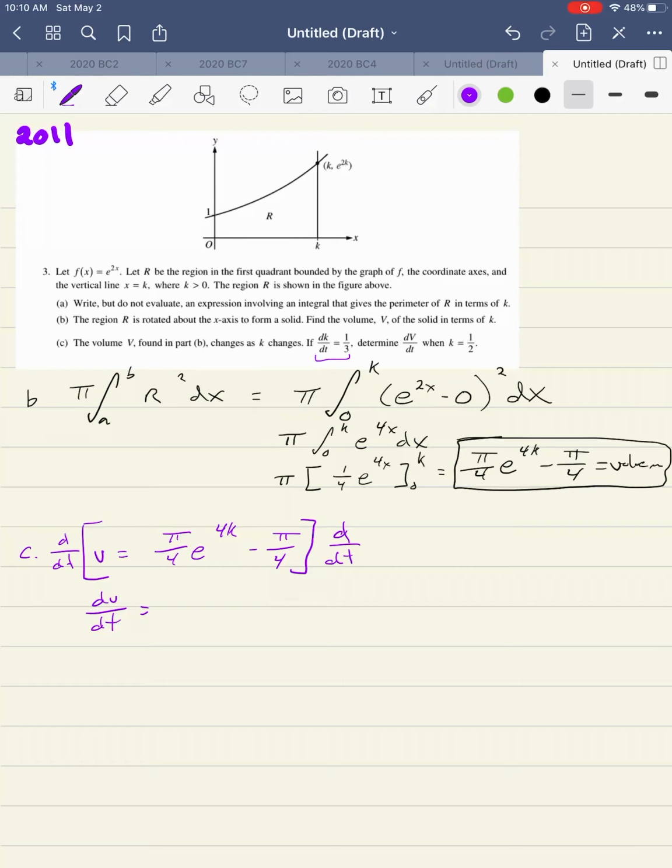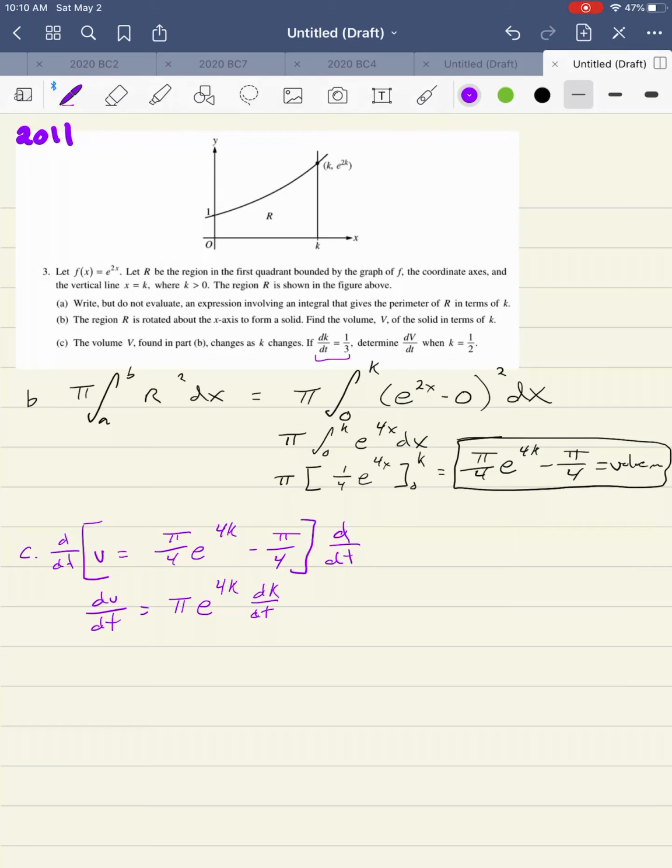The 4 comes down, so it becomes pi e to the 4k times dk/dt, because you're differentiating with respect to time. And then the derivative of pi over 4 is just 0.